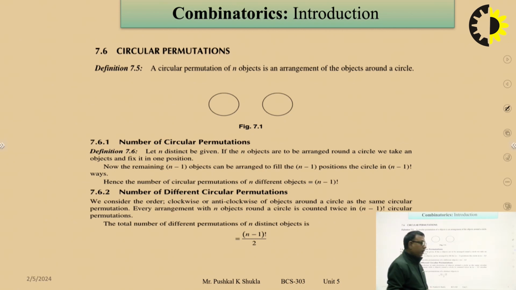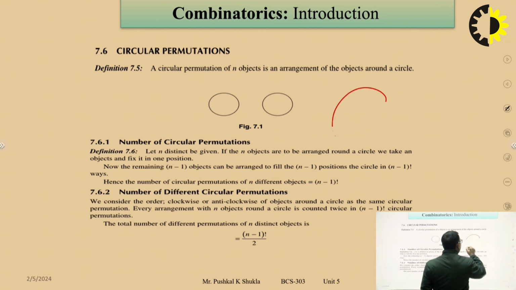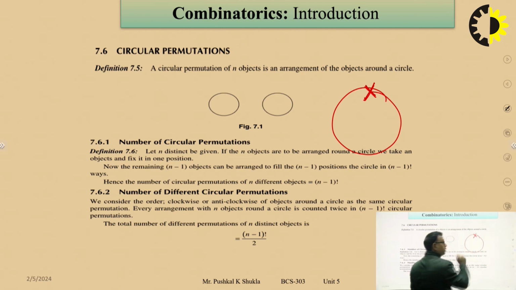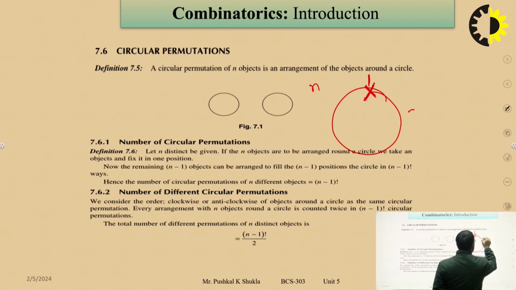First of all, out of n objects, we take only one object and fix its position. The rest n minus 1 objects we can arrange in the remaining positions. This position can be arranged in n minus 1 ways.